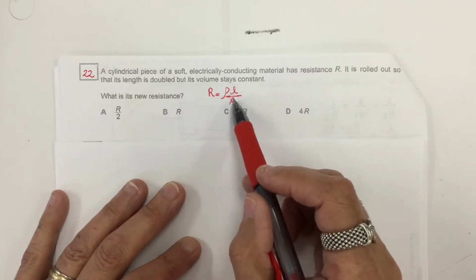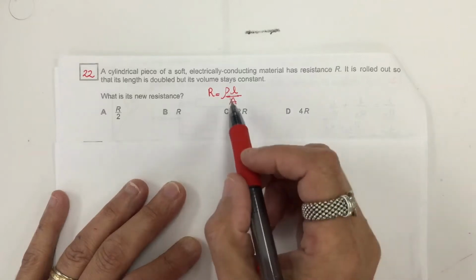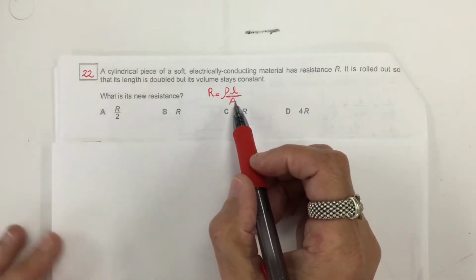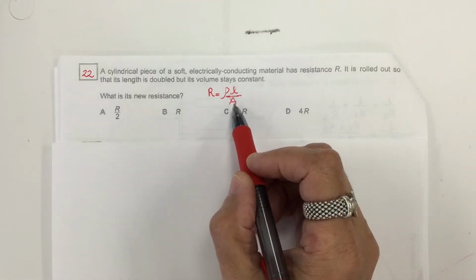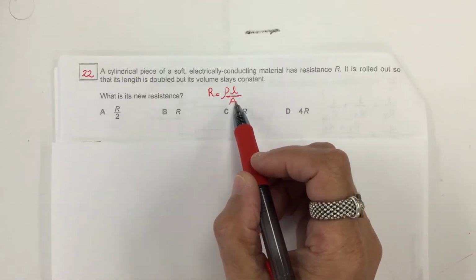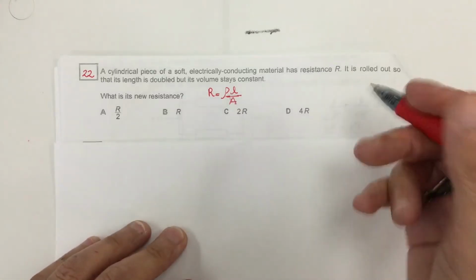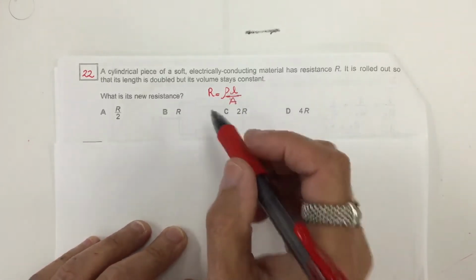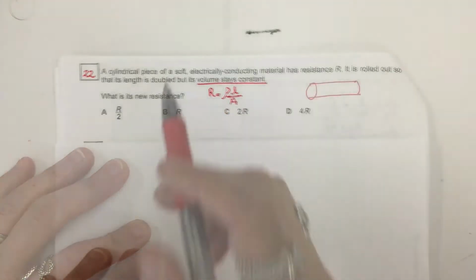Rho L over A. However, the problem says nothing about diameter or radius to calculate the area or relate the area before and after this material changes shape. It's talking about the volume, so the volume stays the same.